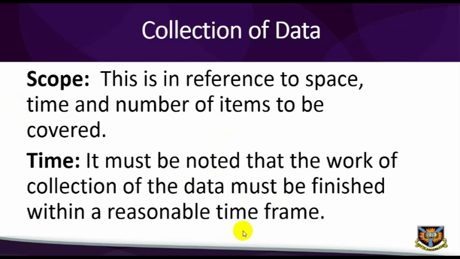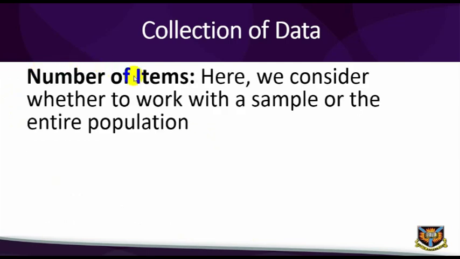If more than reasonable time is taken, conditions might have changed and the data collected may be rendered useless. 3. Number of items. Here we consider whether to work with a sample or the entire population. The choice is that of the researcher, but you may go back to lecture 1 if you are in doubt of using a sample.